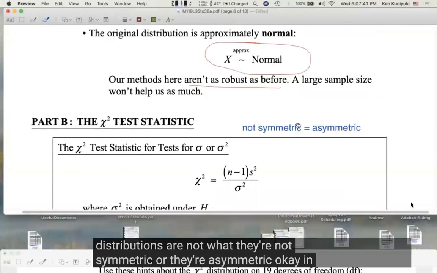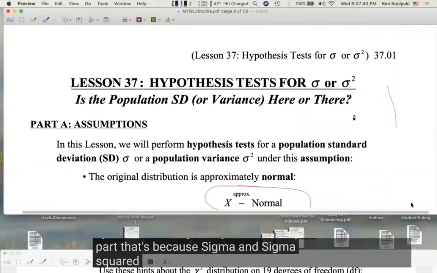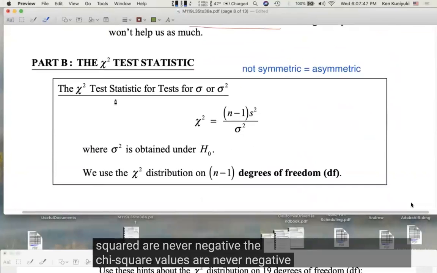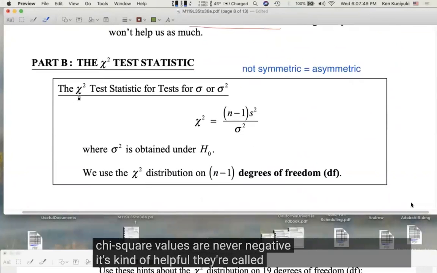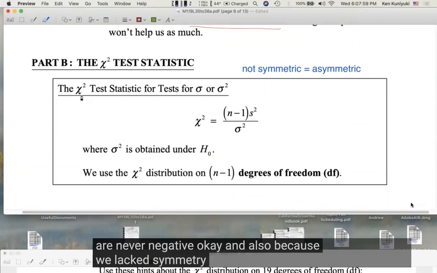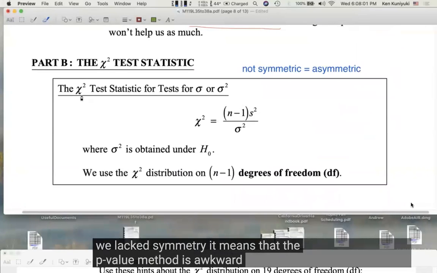In part that's because sigma and sigma squared are never negative. Chi-square values are never negative. They're called chi-square values because they're squares, and squares of real values are never negative. Also, because we lack symmetry, the p-value method is awkward if you have a two-tailed test.